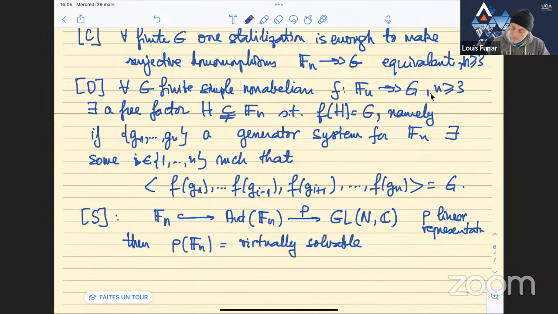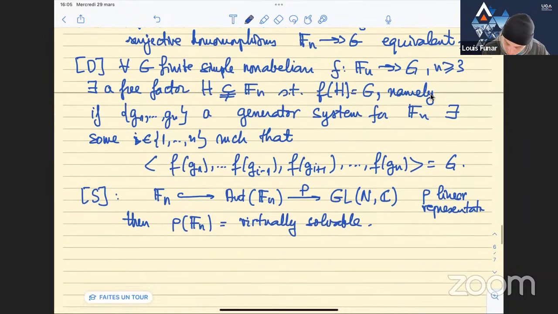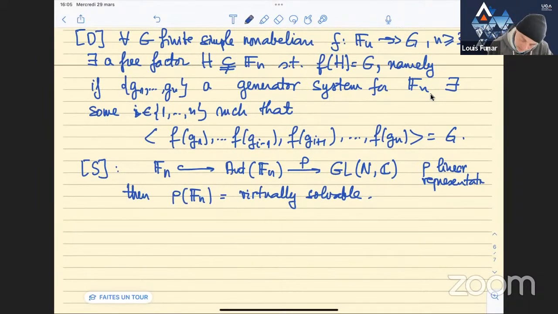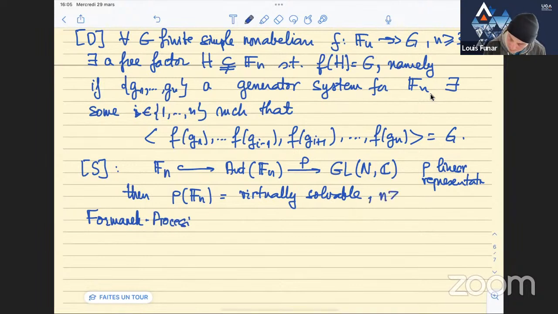This is related to the nonlinearity of the automorphism group of Fn, and I recall there is some theorem of Formanek and Procesi, which, by the way, is proving that the automorphism group of Fn with n at least 3 is not linear.